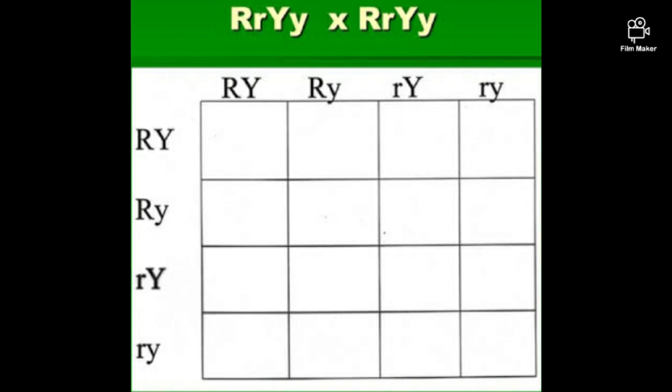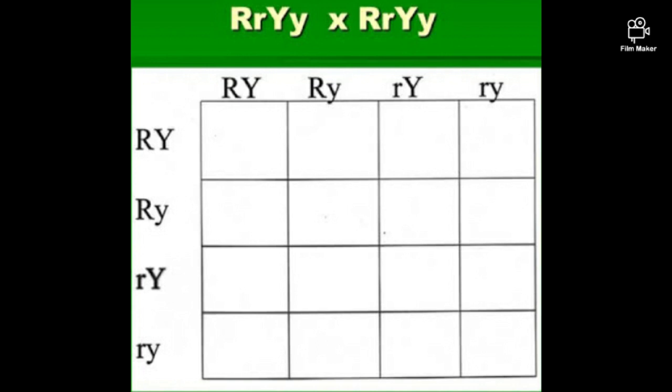All of you are required to make this table. We will write down the male gametes on top of the box, outside the box, over the columns, and the female gametes on the left side of the box, over the rows.